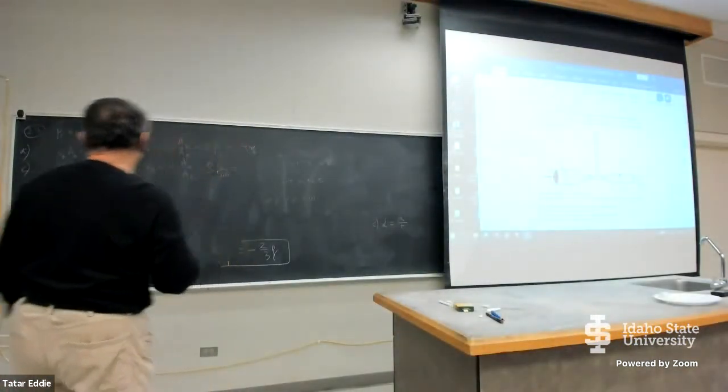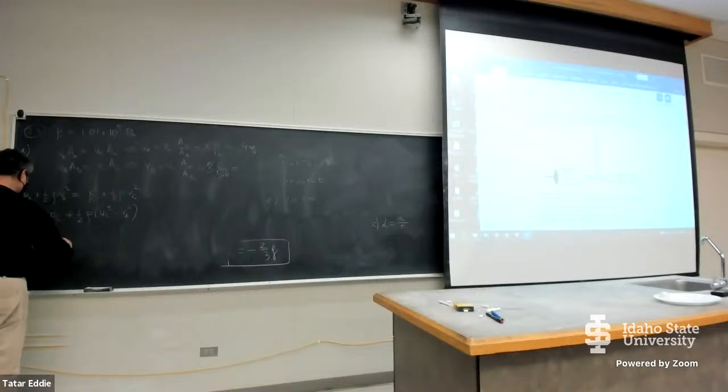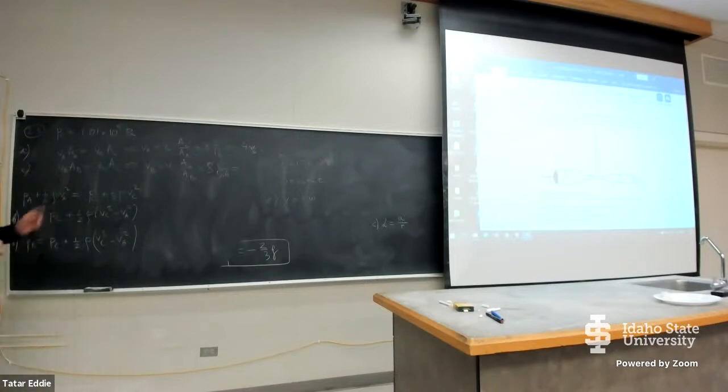So part D, pressure at point B. Pressure at point B is equal to pressure at point C plus 1/2 rho times VC squared minus VB squared. Exactly the same way like we did the previous part B.